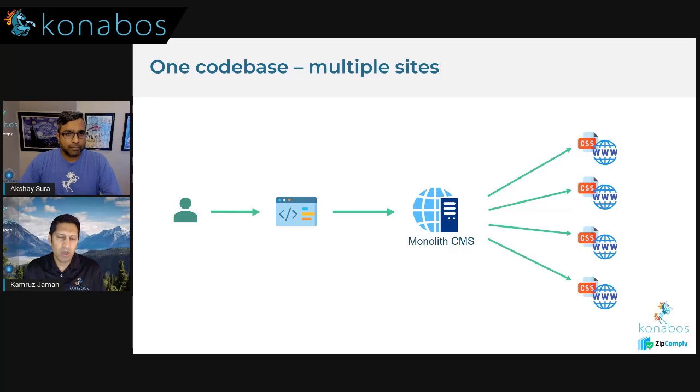So traditionally when we've been working, you'd have a single code base and you'd have a single team working and deploying into your one CMS platform, right? So you have one set of content management servers, you have a set of content delivery servers, but all of your code gets bundled up together and pushed to this one platform, right? And off it goes, and you deploy out to multiple sites.